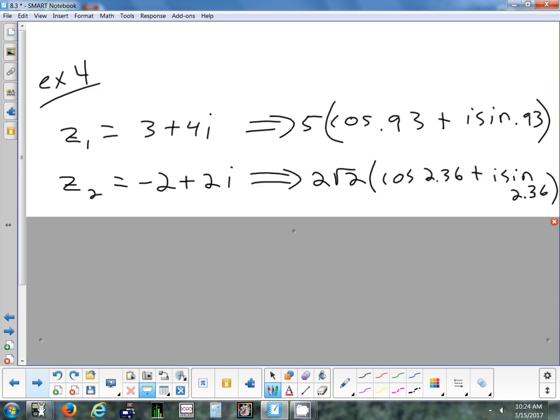So the first one is one we just did, except it's in radians now instead of degrees. That's fine. Okay, and the second one, I don't think we did this one, but I'm giving you the radius and the angle. Okay, and I want to do two things with these complex numbers. I want to multiply them together, and I want to divide them.